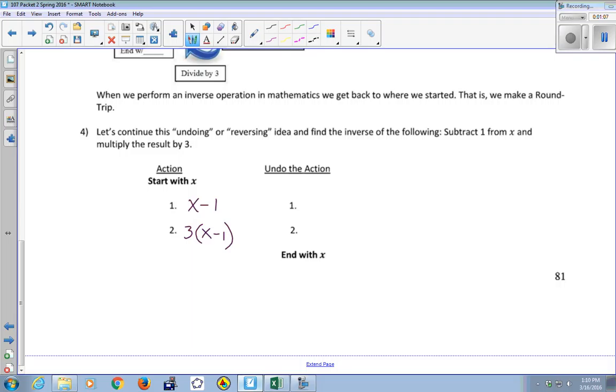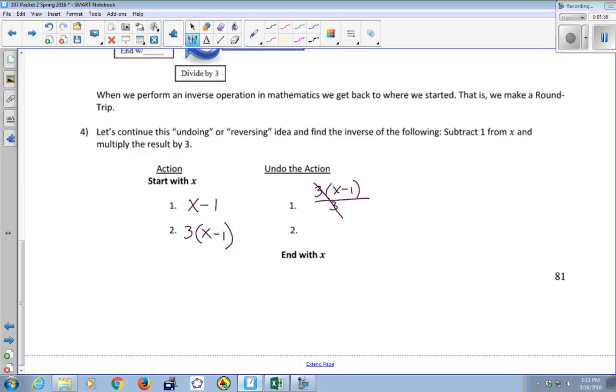So when you do some stuff, to undo it, just like with the shoes example, you have to undo it in the reverse order. So what's the first thing I need to undo? Yeah, I want to undo the multiplication by 3, so I'm going to divide by 3. I'm starting where I finished before, 3 times x minus 1, and I have to divide that by 3. That undoes the multiplication by 3, right?